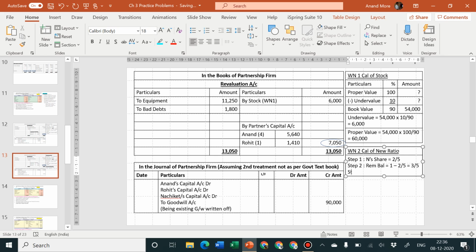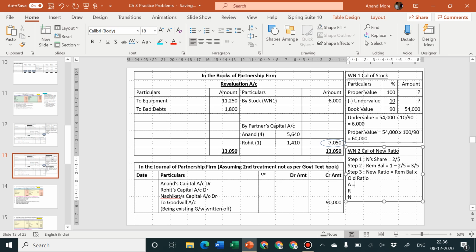Step number 3. New ratio is equal to remaining balance into old ratio. First one is Anand, second one is Rohit, and third one is Nachiket.